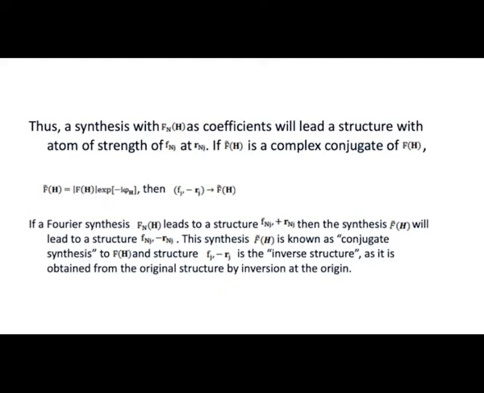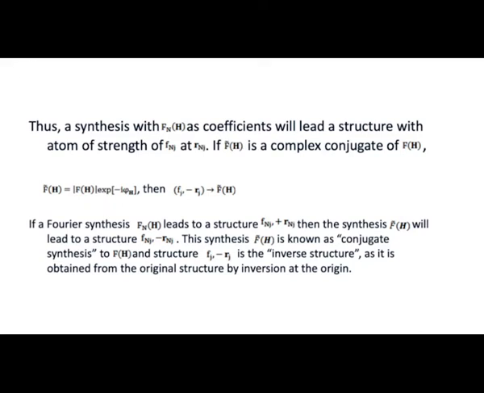Previously, F of h was mod F h e power i phi h. Now, in F dagger h, the plus i becomes minus i. So now you say fj, minus rj, the inverse of the structure, leads to F dagger h.